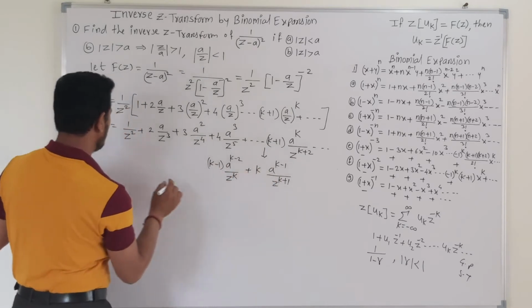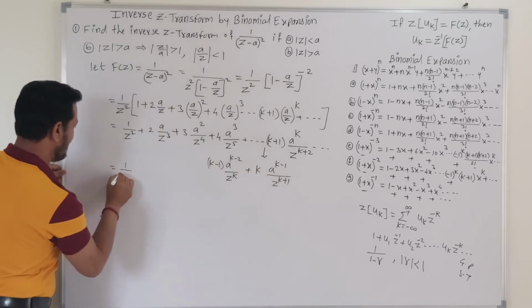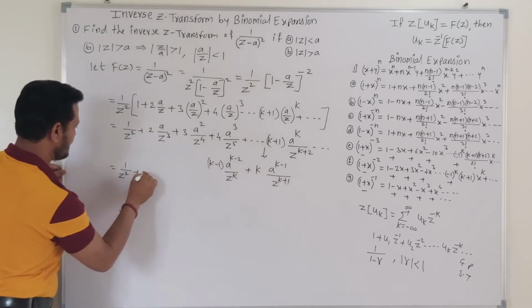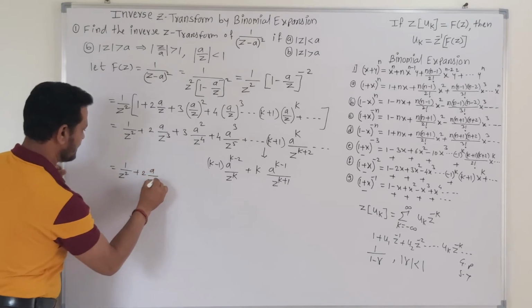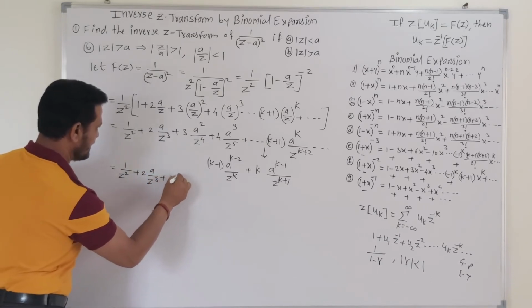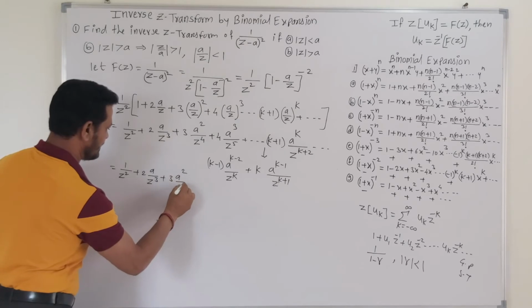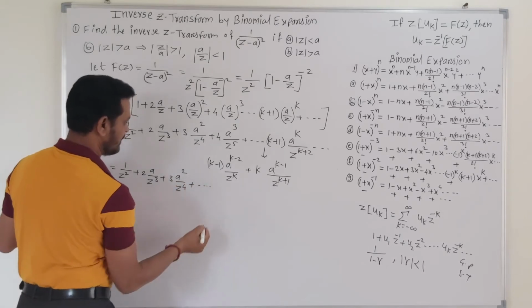Then we can write this expansion as 1 upon z square plus 2a upon z cube plus 3a square upon z raised to 4 and so on.